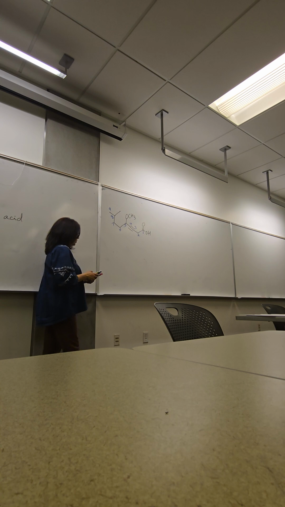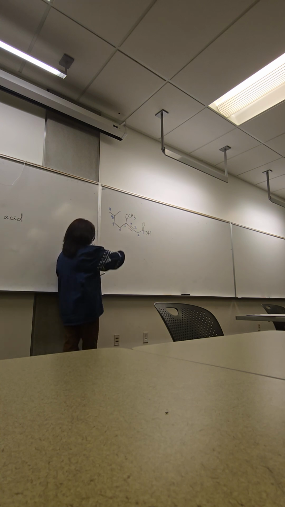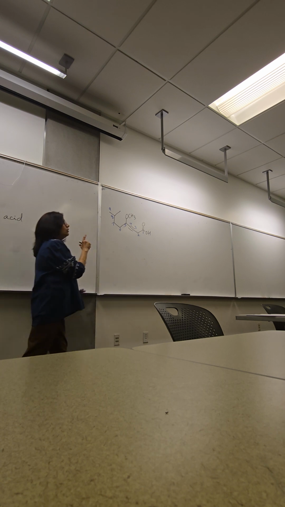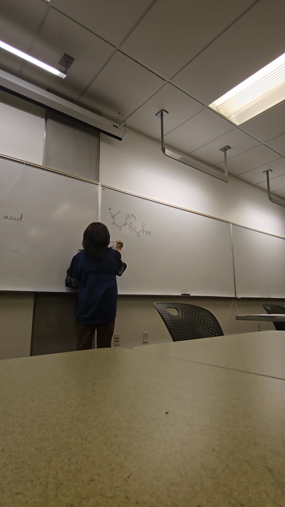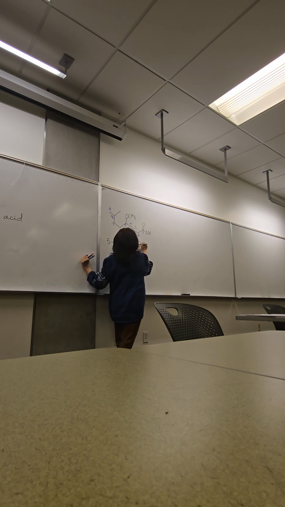Stereochemistry? No. Groups? Methoxy. So tell me, let's do the 8 methyl. What comes first, methoxy or methyl? Methoxy, alphabetical. So 5-methoxy, and then 8-methyl.